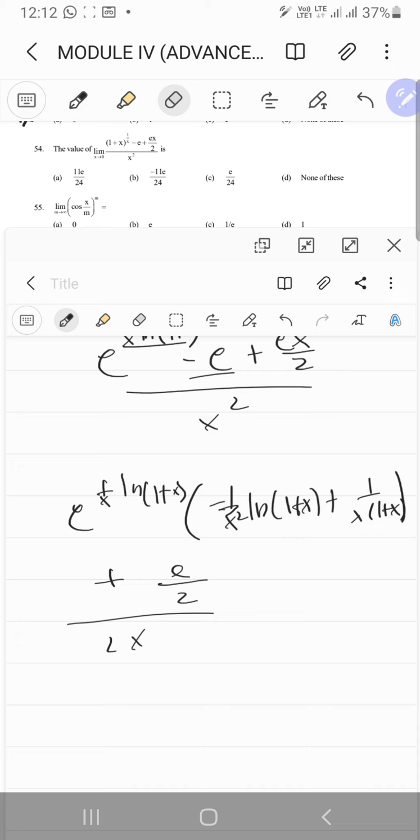So is this technically a 0 by 0 situation? I mean, we don't know what it's going to yet. This thing is at least going to some very horrible value. It's going to go to infinity. This is also going to infinity. Then you have that over here. What? This does not make sense. Oh no.